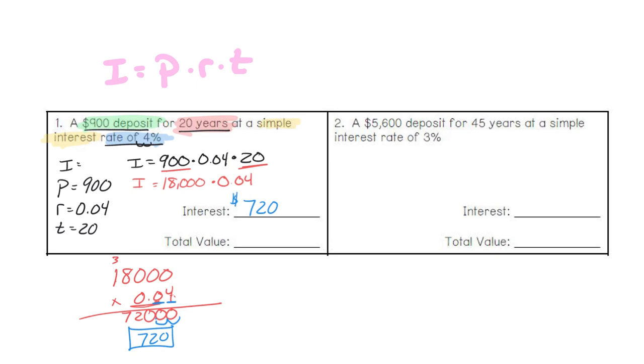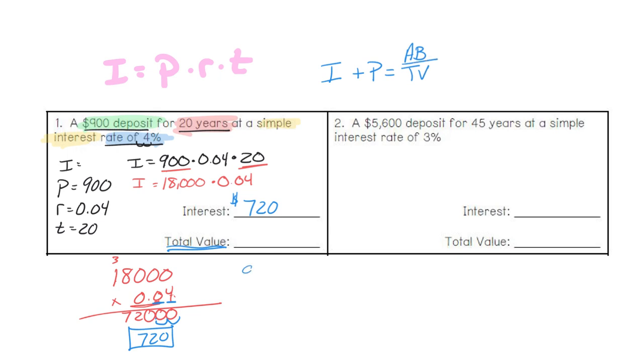What is the total value? So the total value of the account after 20 years. Well, I need to take the interest, add the principal to get the total value. Or you might see it as account balance, okay? Either way.